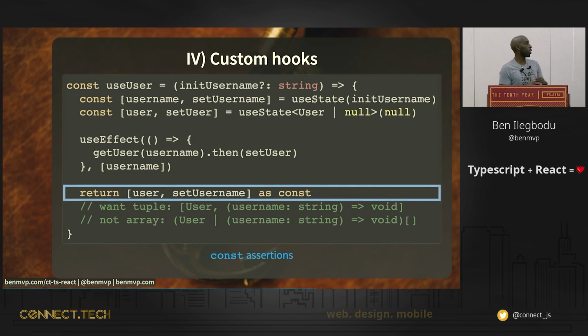My preferred way is to use a const assertion. So that's that as const at the end there. And then it will say that, hey, this thing we're returning is exactly 2 items. And the first item is a user object. The second item is a function.